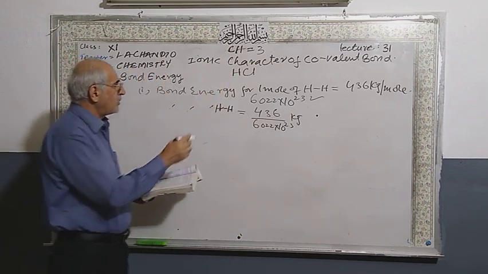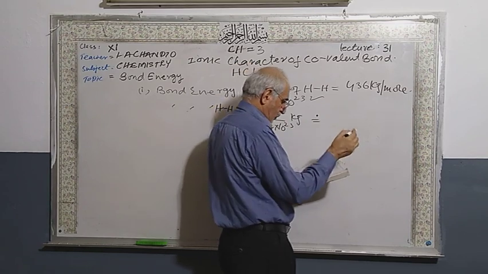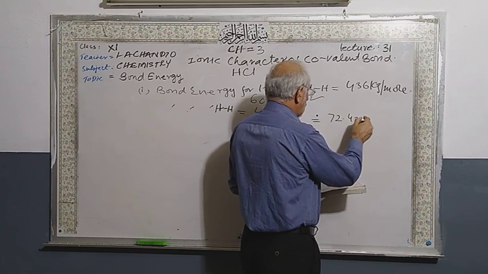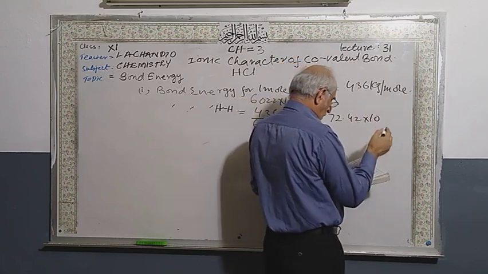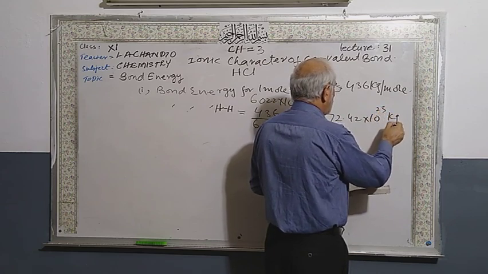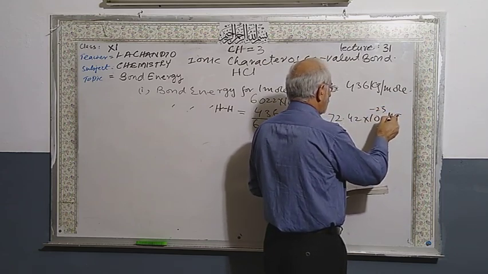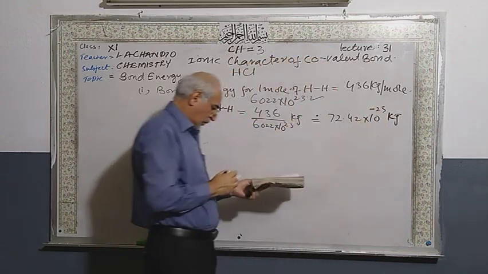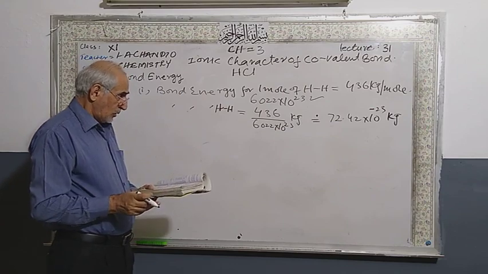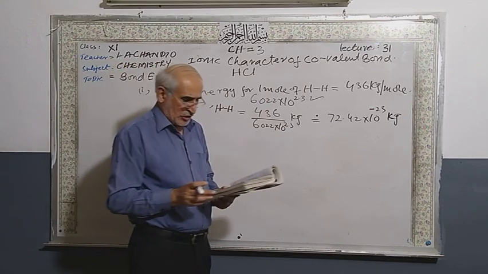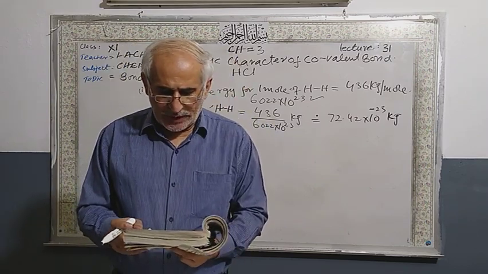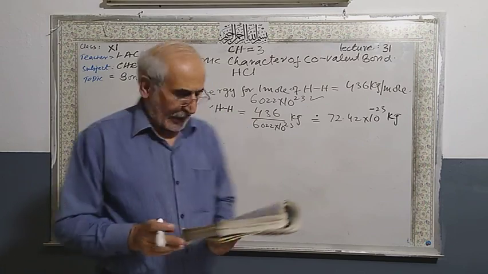When you divide, the answer comes 72.42 into 10 to the power minus 23 kilojoules. Because this 23 is in the denominator, when you change it to the numerator the sign is changed. So this is the calculation of bond energy for the contribution of the hydrogen atom.